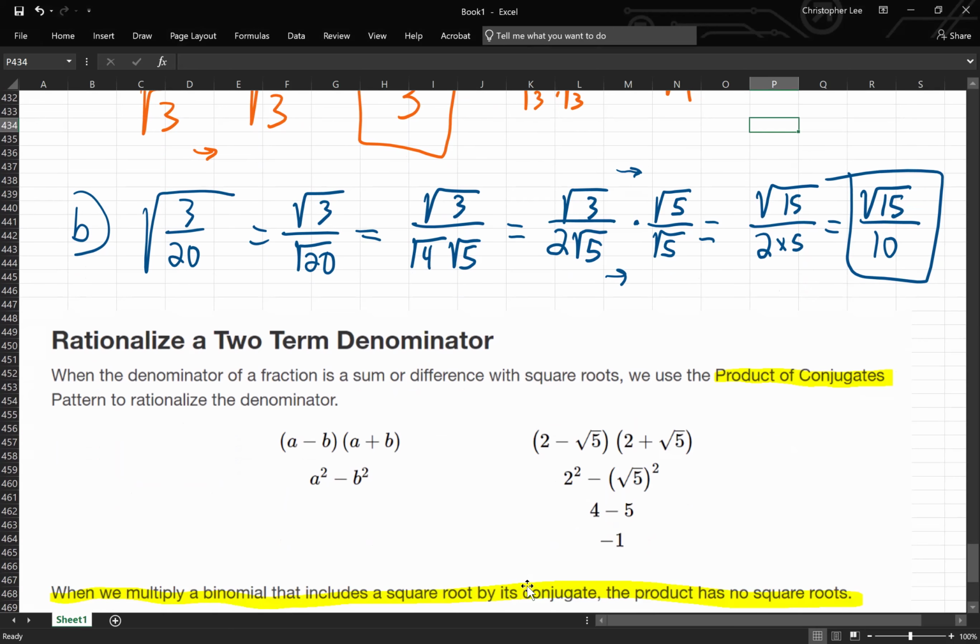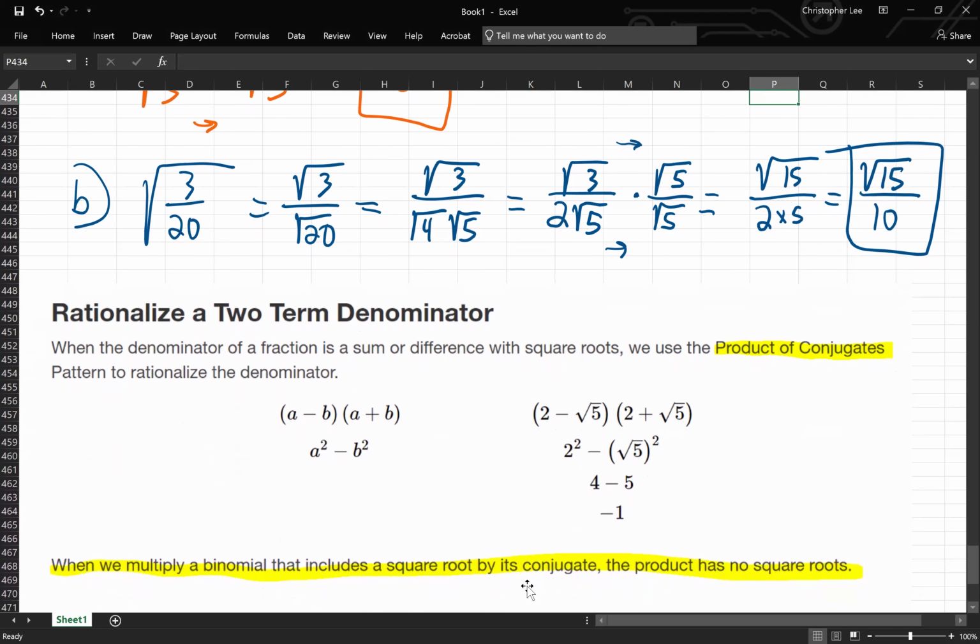That's it, right? So when we multiply a binomial that includes a square root by its conjugate, the product has no square roots. This is my goal. I don't want a square root. So anytime I have a radical in the denominator, you multiply it by its conjugate, its opposite, right?